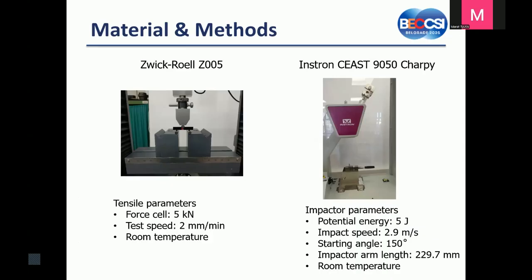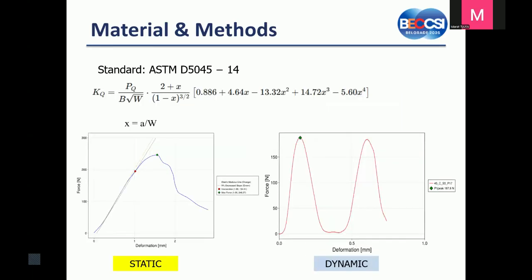And for the impact test, we use an instrumented Charpy with a potential energy of 5 joules, with an impact speed of 2.9 meters per second. And also the tests were performed at room temperature. To estimate the fracture toughness, we follow this standard.